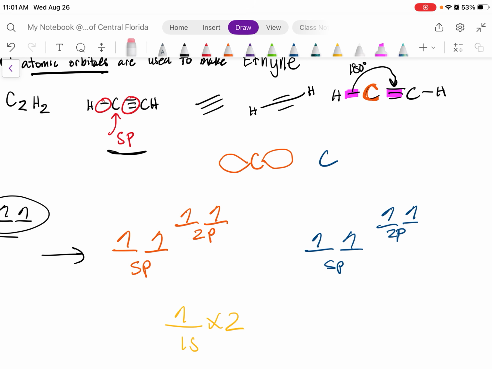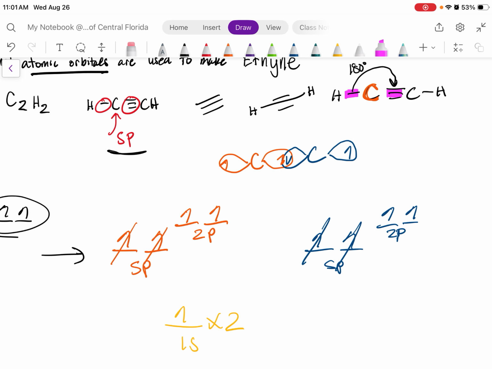Okay, and so then the same thing's going to happen with the blue carbon. Those are our sp hybridized orbitals, and each comes with an electron. Our hydrogens are, well, let's first do the carbon-carbon overlap here, like that.